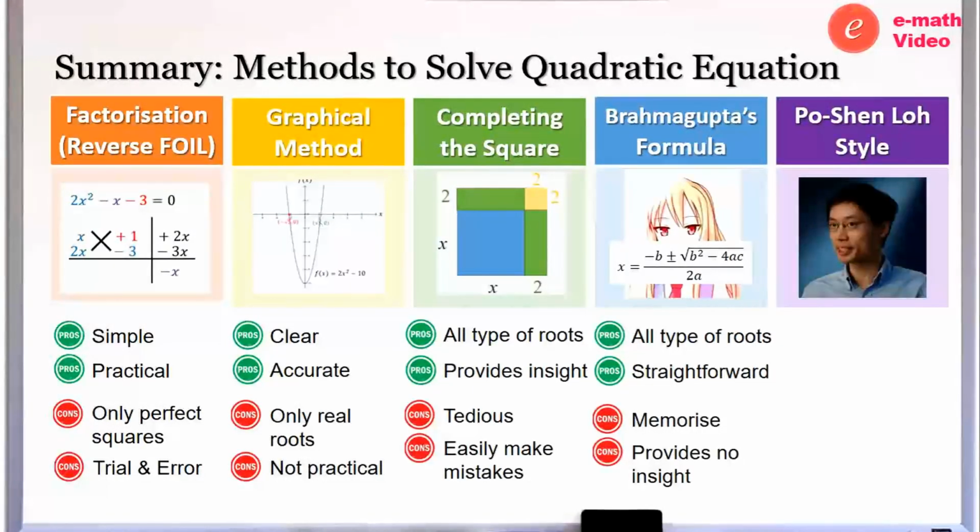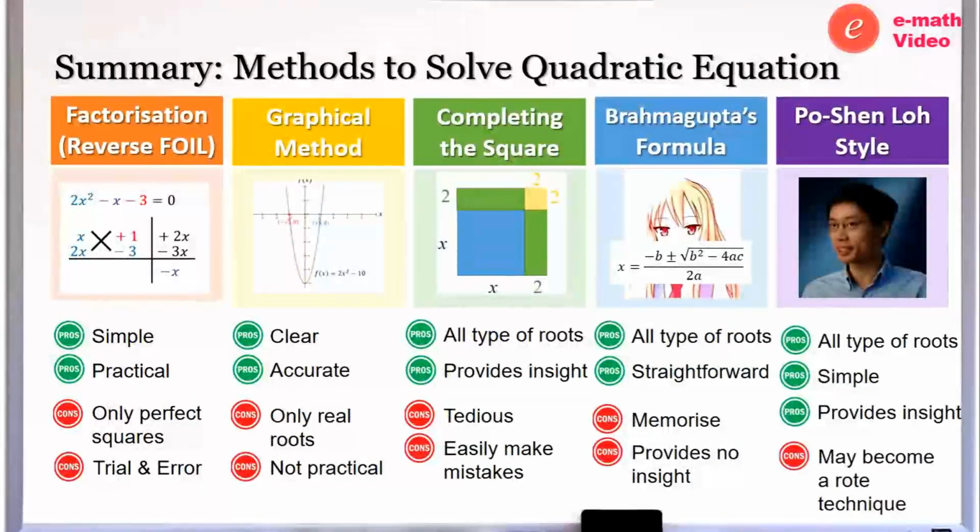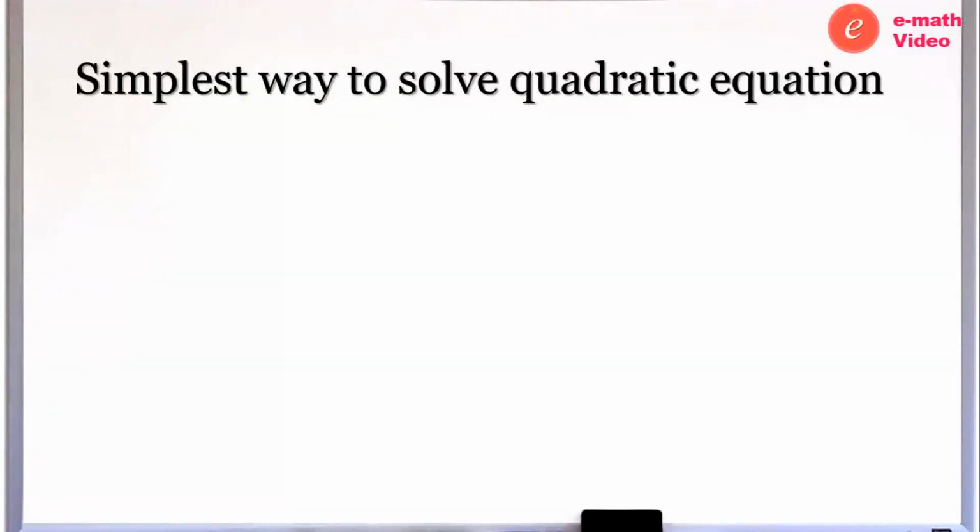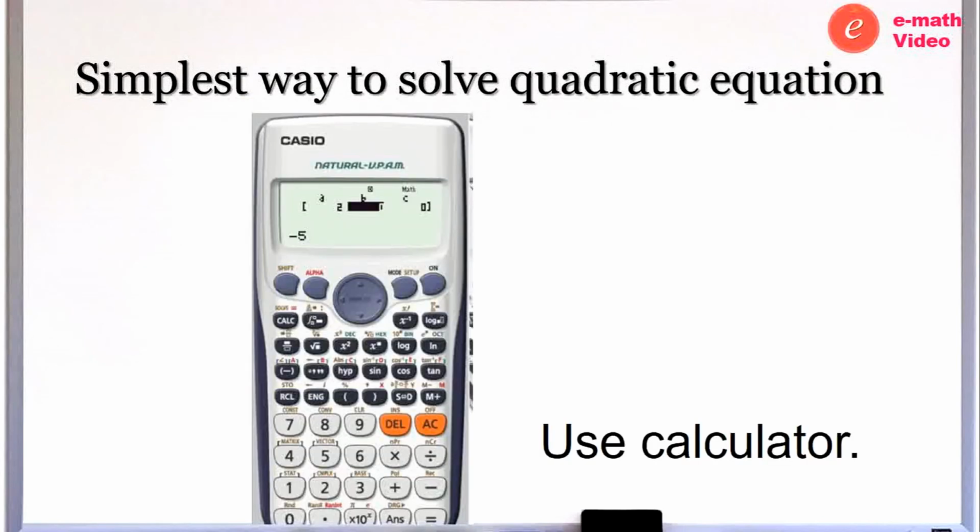Lastly, Po-Shen Loh style. Advantage: works for all types of roots. It is simple, can be used even if you don't understand, but it also provides insight. Disadvantage: may become a rote technique. Of course, the simplest way to solve a quadratic equation is still to use a calculator.